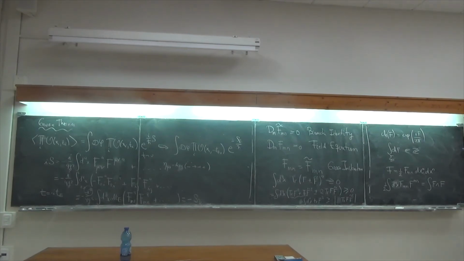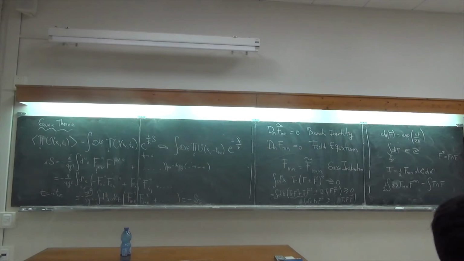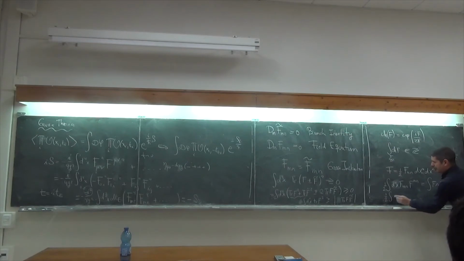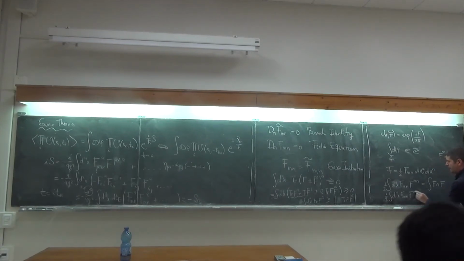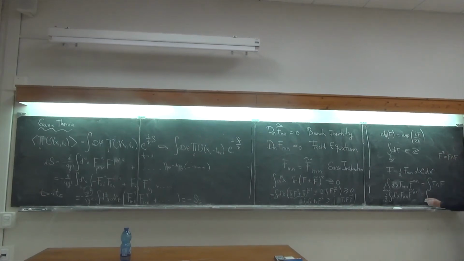Let's say that when I work with forms and I write F squared, what I really mean is F wedge F. When you write with forms, the natural product is the wedge. It's a good point. Otherwise this would be 0, because this is antisymmetric. This is one formula. The other formula is the integral of F_mn F_nm.